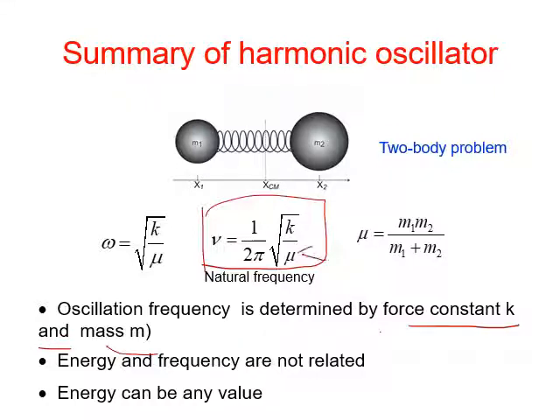Here mu is the reduced mass of two atoms. The energy can be any value, which is described by half k x squared. So the energy of the harmonic oscillator and the natural frequency are not related. And this is a conclusion from classical physics.